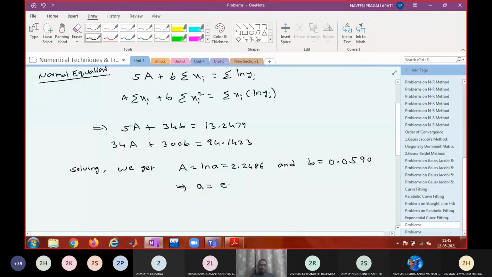Small a equal to e power capital A, e power 2.2486. What is this value? 9.4744.